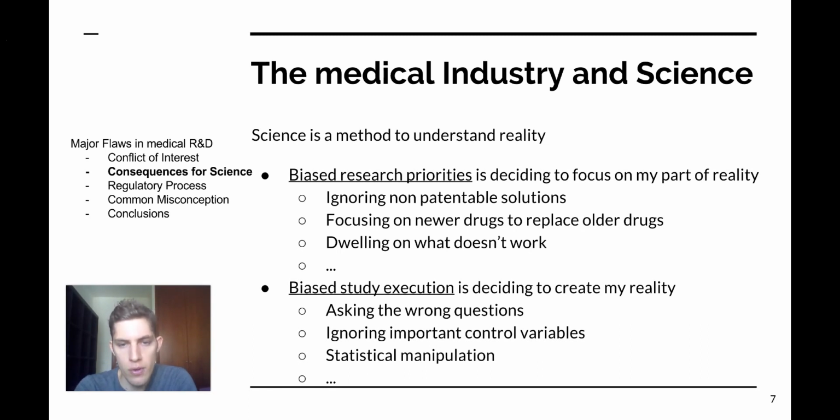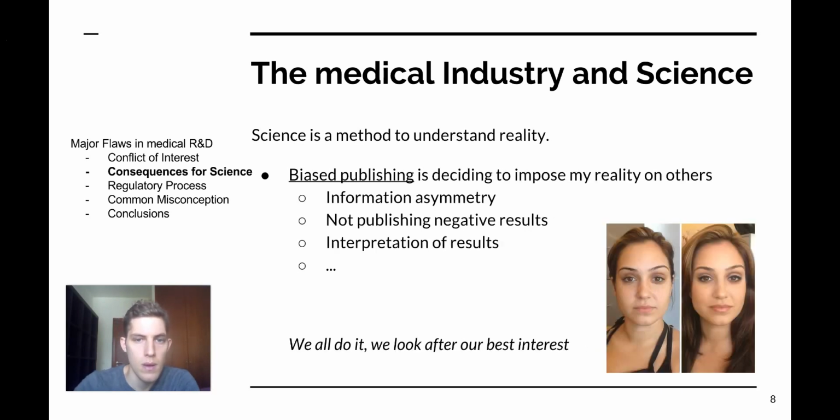Then biased study execution, which is deciding to create my own reality. This can be done by asking the wrong questions. It can be done by ignoring important control variables in the study. And it can be done via statistical manipulation. Then continuing, biased publishing is deciding to impose my reality on others.